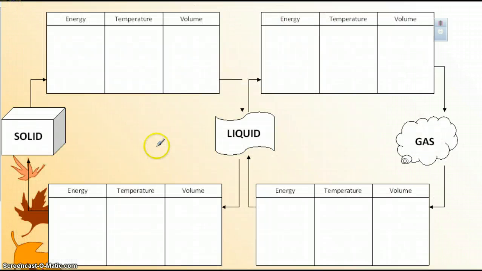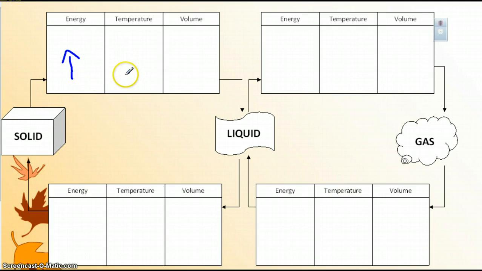In this diagram, we're going to talk about what happens with energy, temperature, and volume as matter goes from a solid to a liquid to a gas and back again. Starting off with a solid, we are increasing our energy. And yes, you need to draw these arrows.